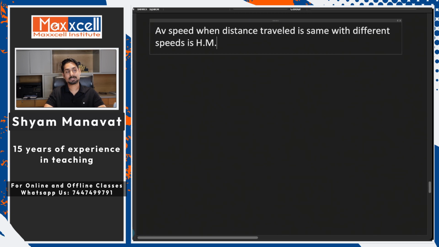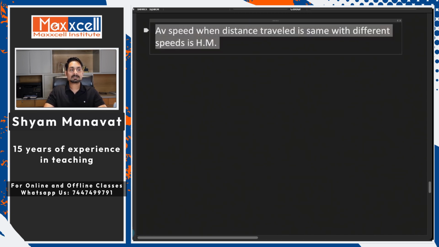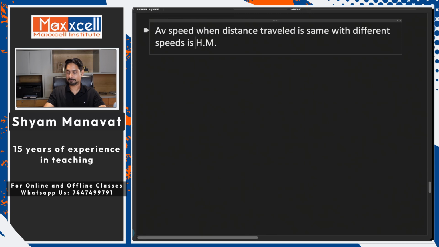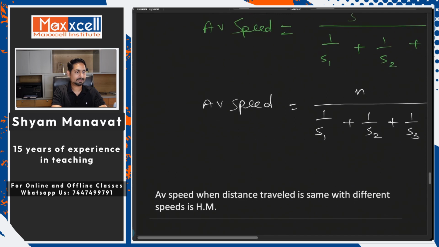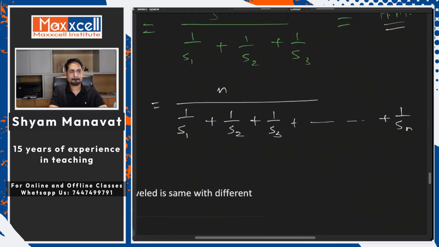Come back to this: average speed when distance traveled is the same with different speeds is the harmonic mean, right? Keep this in mind. Note this in your notebook, this and this.